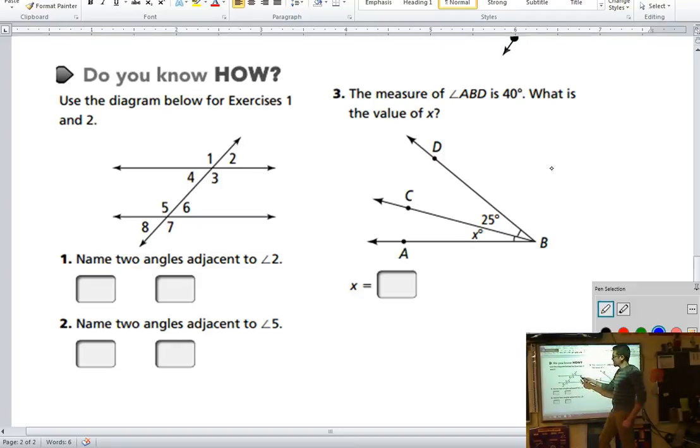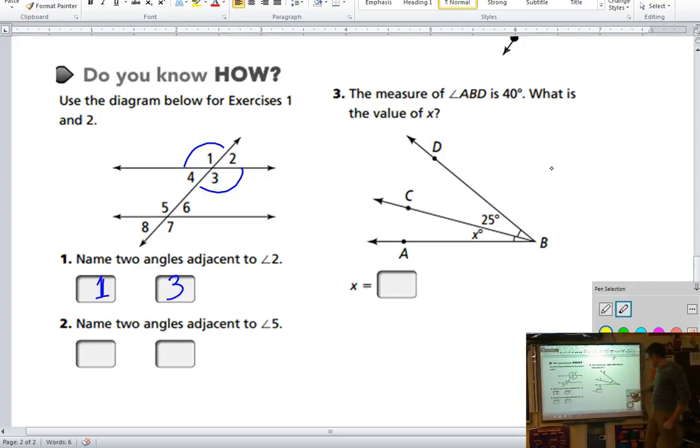If I think about angles adjacent to 2, angle 1 is next to it and sharing, and angle 3 is next to it and sharing. Since these two angles share this line and this line, the size of angle 1 is going to be the same as the size of angle 3. We'll get to those relationships.